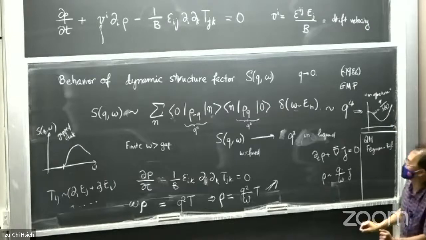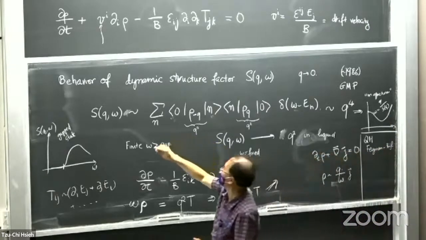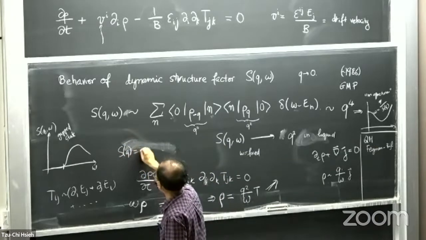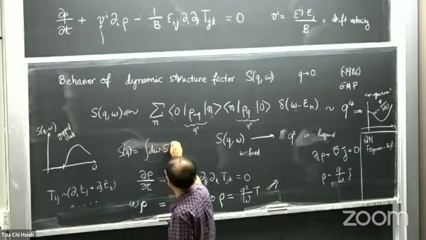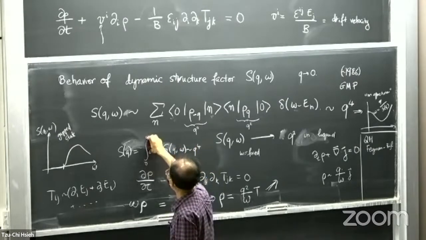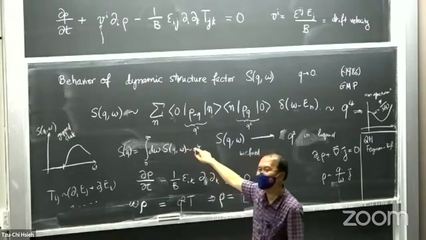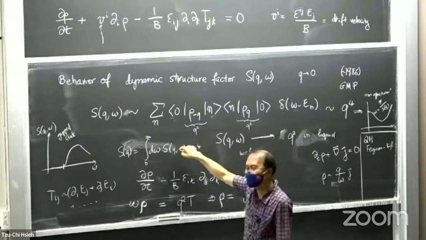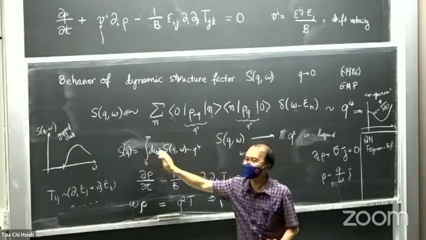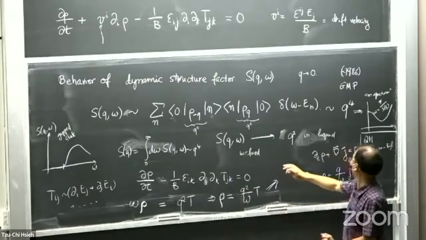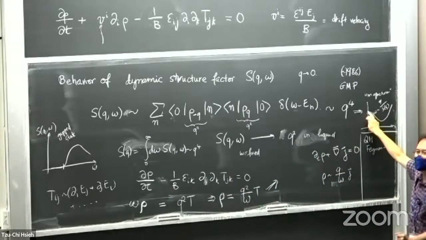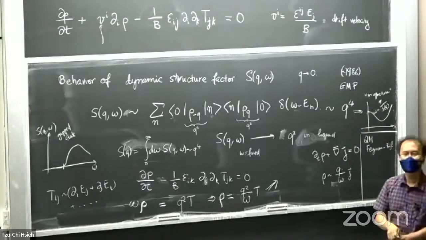S of Q is an integrated version. You can define the static structure factor as the integral of omega times S of Q and omega. If at each value of omega you have Q to the fourth, and if the integral is sufficiently well behaved, then this is also Q to the fourth. And that's what they use to argue that the gap at zero momentum is finite.